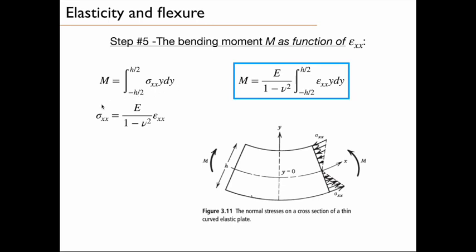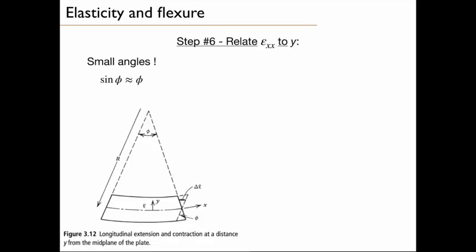And we also know that sigma xx has this expression, which was derived before. So you can substitute this expression into this integral, and this gives you the expression of a bending moment as a function of the horizontal strain epsilon xx. This is step 5.